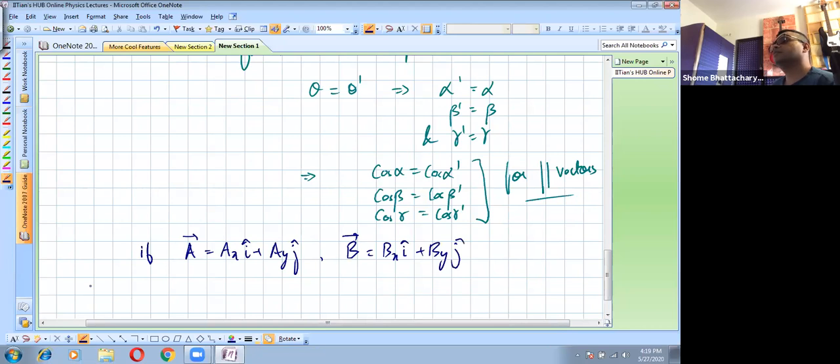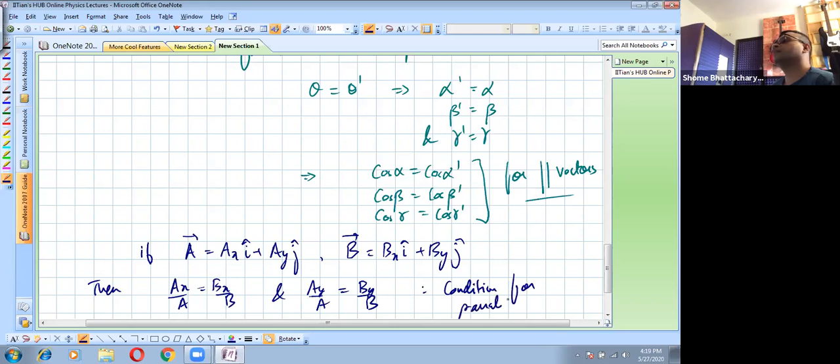Then Ex upon E should be equal to Bx upon B, and Ey upon E should be equal to By upon B. This is the condition for parallel vectors.